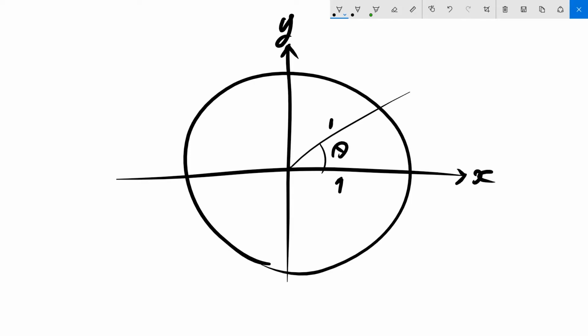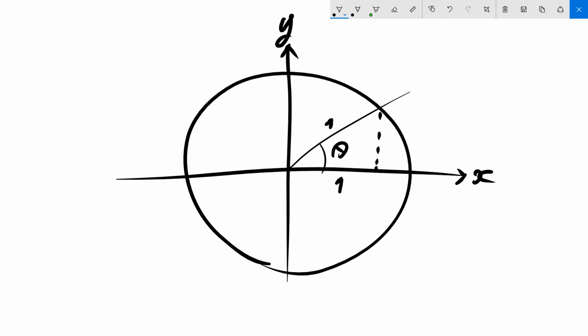So this distance here has to be 1, and there's an imaginary line here. So if I wanted to work out the sine of this value theta here, well, I can use this triangle here to work it out.